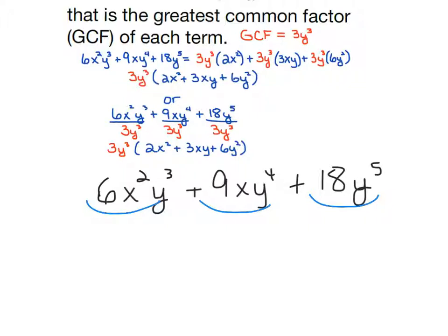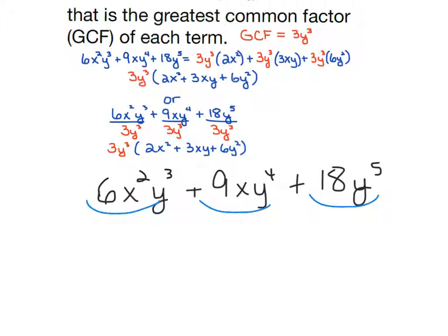Now probably back in 4th grade you learned how to find a GCF of just numbers. So we're going to use that same technique of finding a GCF between 6, 9, and 18, all of those coefficients. However, for the variable portion, we need to find what letters are in common, and it must be in common to all terms.